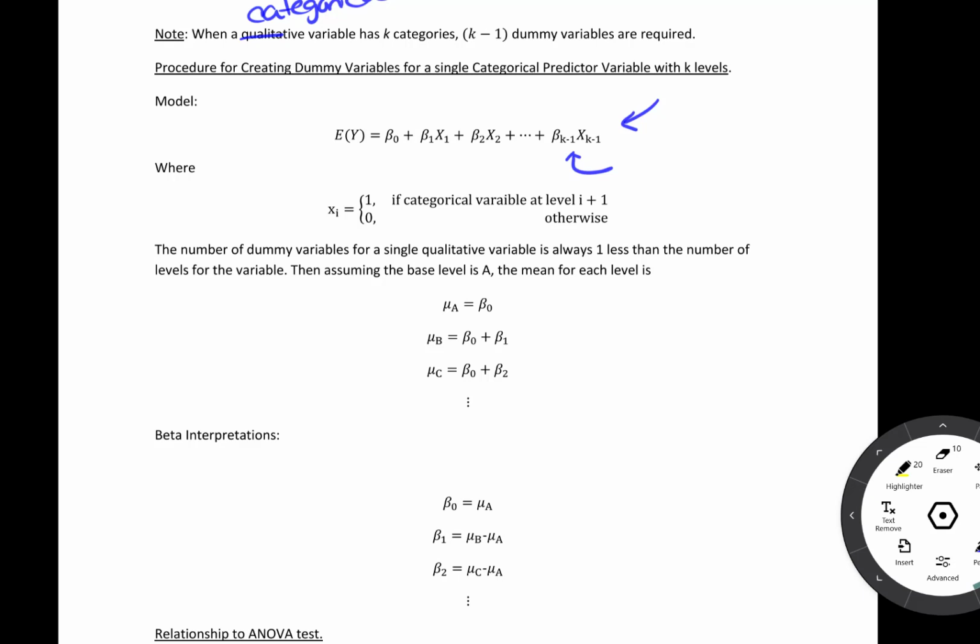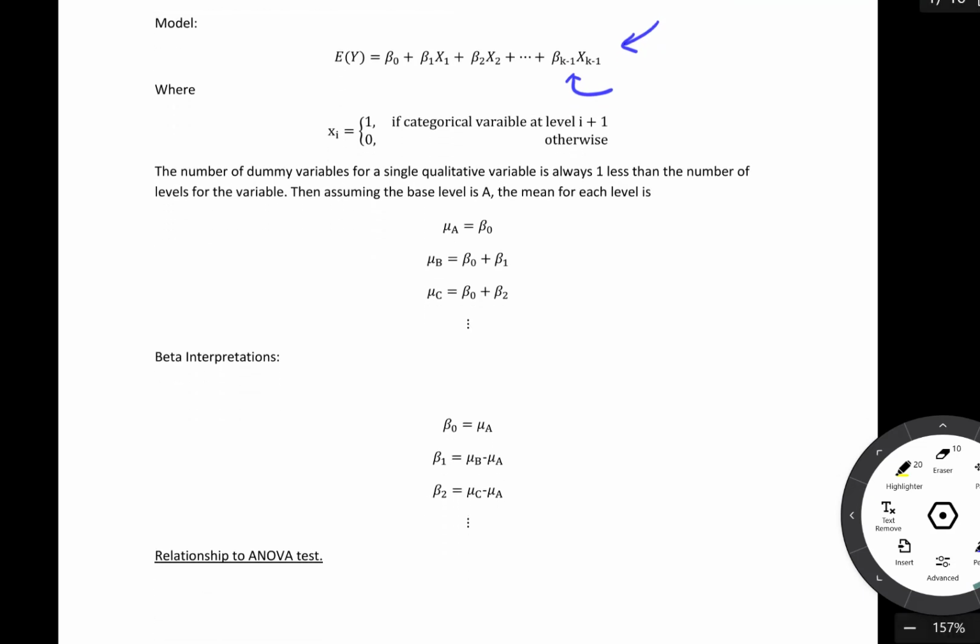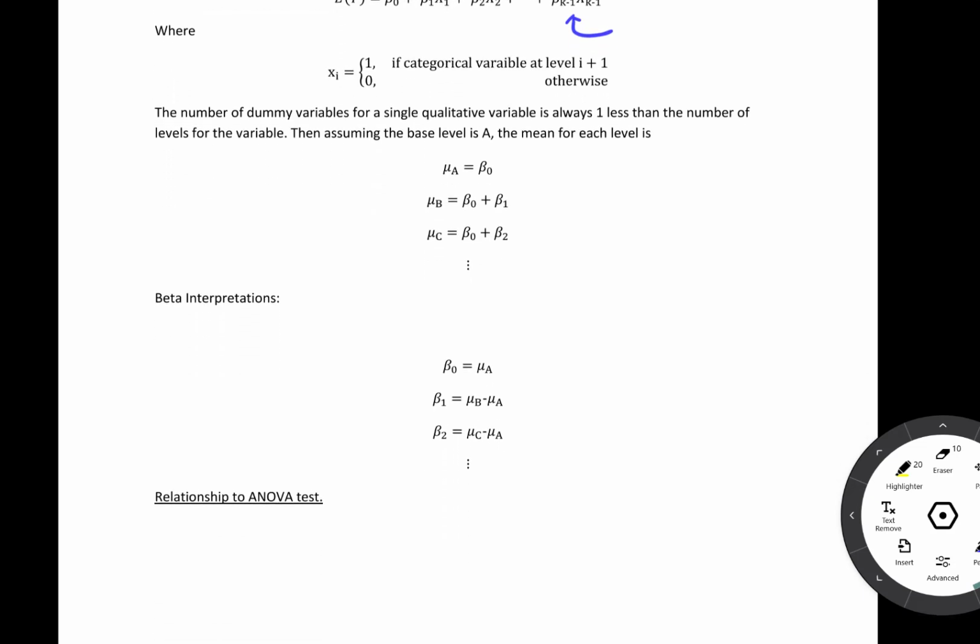So this is very similar to the eye color example. What we were saying there was brown was the base case, so x1 was for blue. So x1 would be equal to 1 if the eye color was blue and 0 otherwise. So the number of dummy variables for a single qualitative, or again we could say categorical, variable is always 1 less than the number of levels for the variable. Then, assuming the base level is A, the mean for each level is as follows.